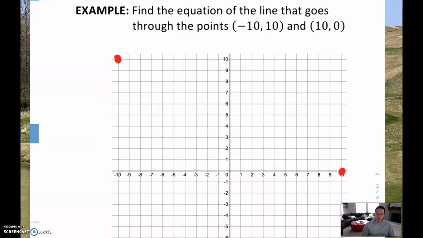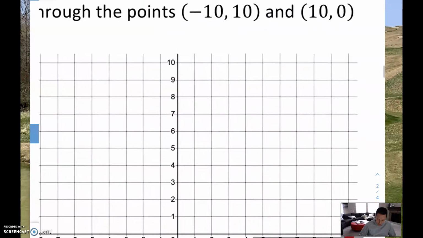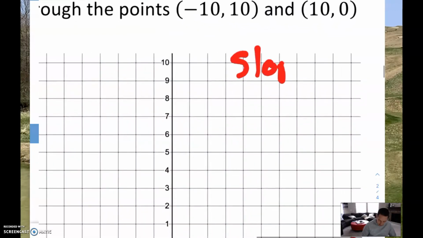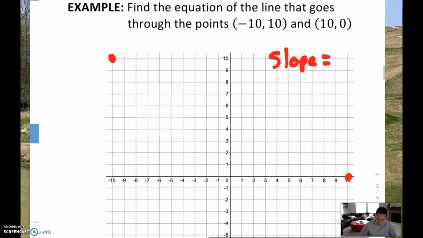Let's start by calculating the slope. Again, just think of your rise over run. To get from this point on the left to this point on the right, it has to go down. It went down by 10, so the rise is down 10, and then it has to run all the way over here.